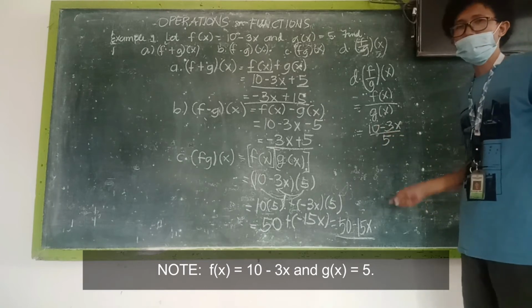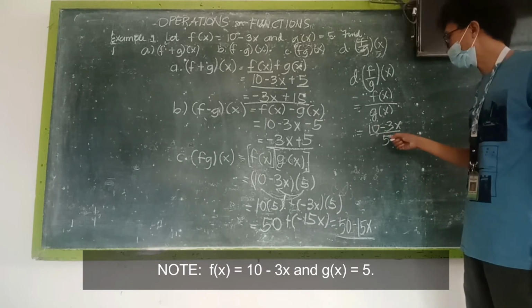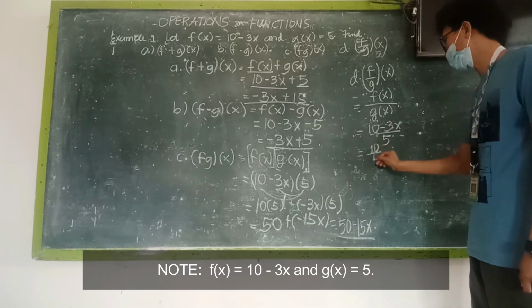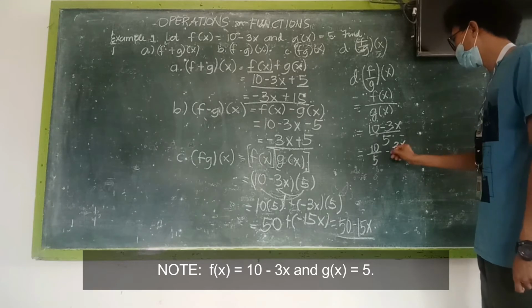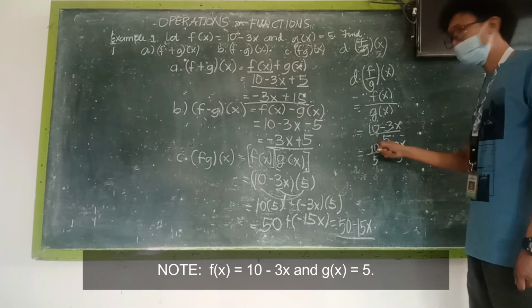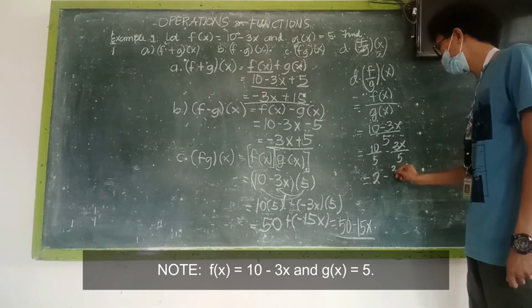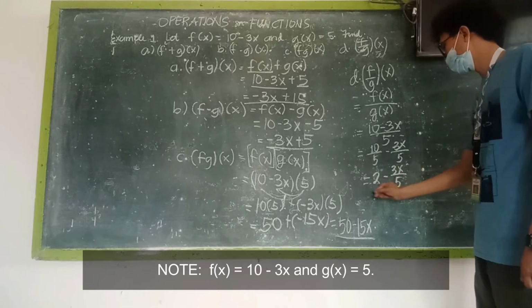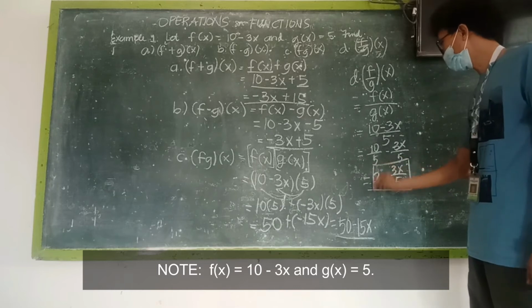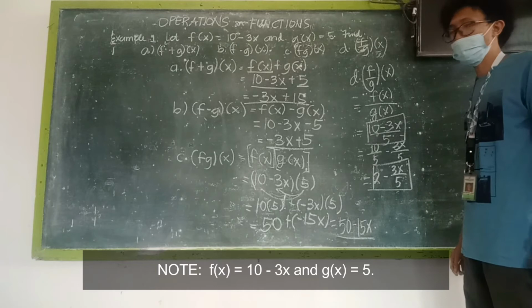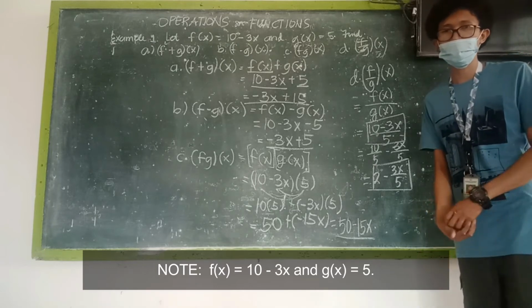You can retain it as this, or we can distribute 5 to 10 and negative 3x over 5. So, magiging 10 over 5 minus 3x over 5. We can divide 10 by 5, which is 2, minus 3x over 5. You can have either answer as the division of functions.